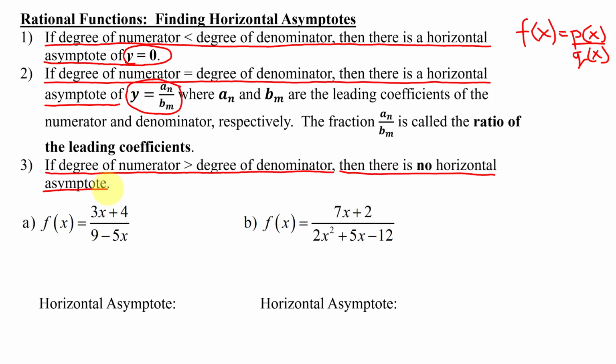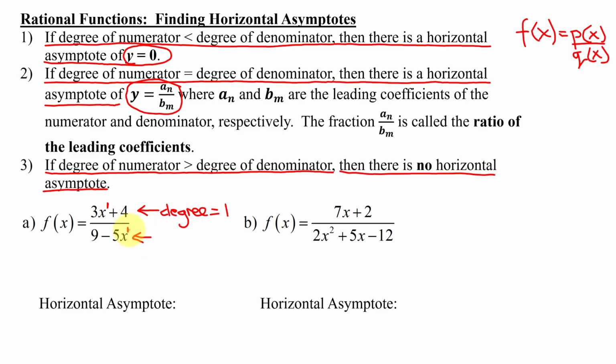So looking at our examples, in the first case, f of x equals 3x plus 4 divided by 9 minus 5x. What is the degree of the polynomial in the numerator? What's the highest exponent on any of the x's? It's a 1. So the degree of the polynomial in the numerator is 1. And how about in the denominator?